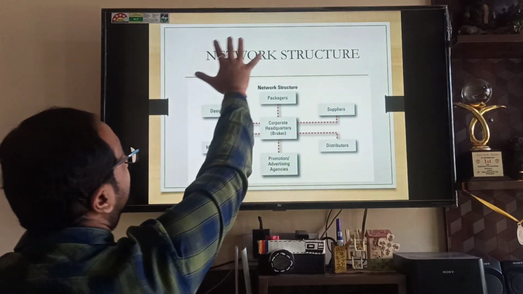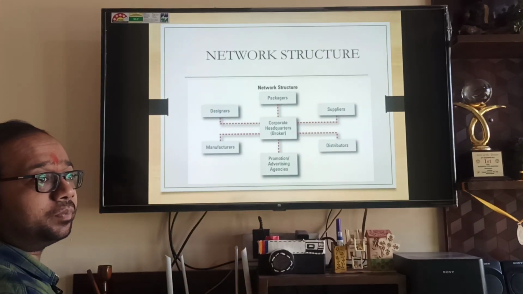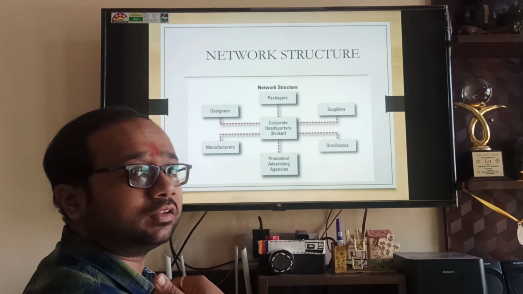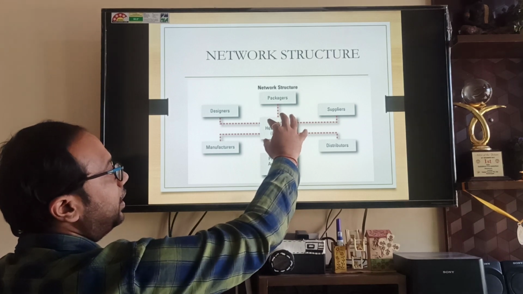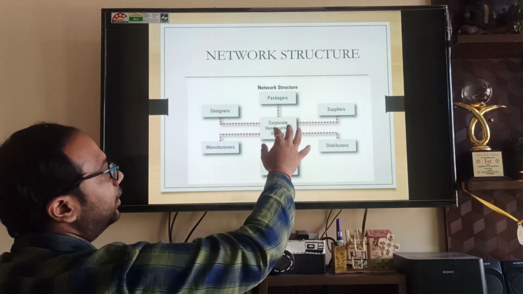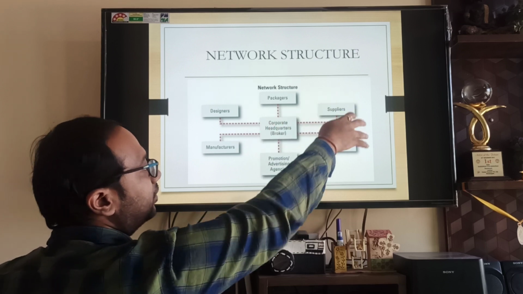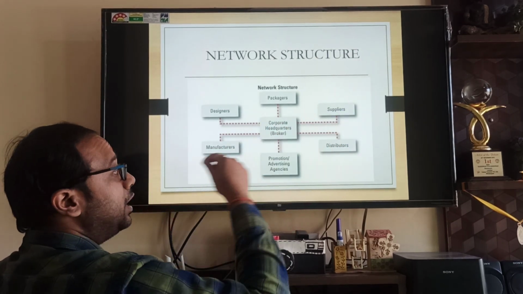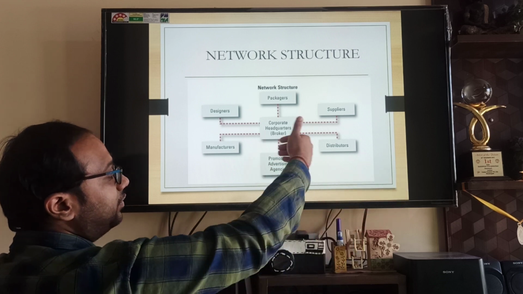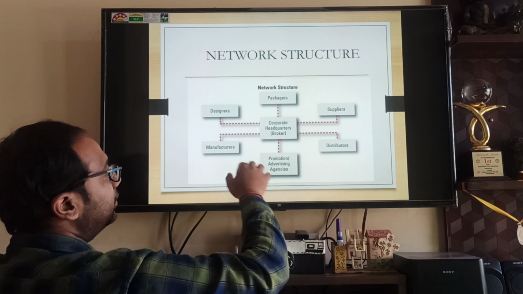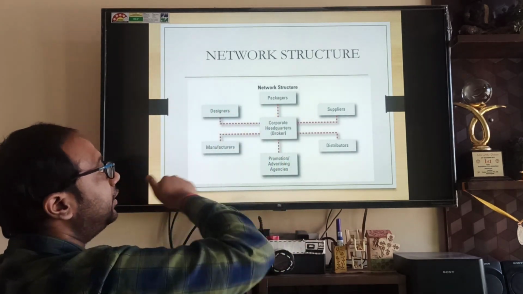First of all, what is network structure? When a company operates, there are various departments and various other stakeholders linked. If your corporate headquarters is at one point, it would be linked to many other parties: packagers supplying packaging material, raw material suppliers, distributors selling your end products, promotion and advertising agencies, various partner agencies, manufacturers doing the production, and designers doing the designing.